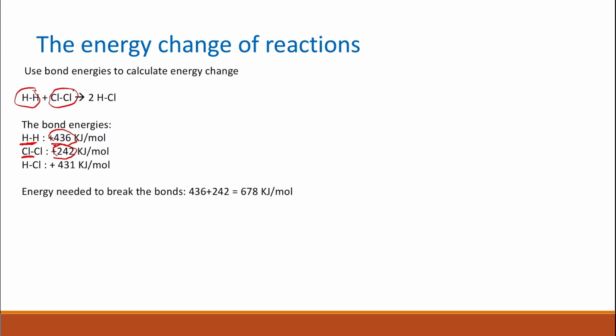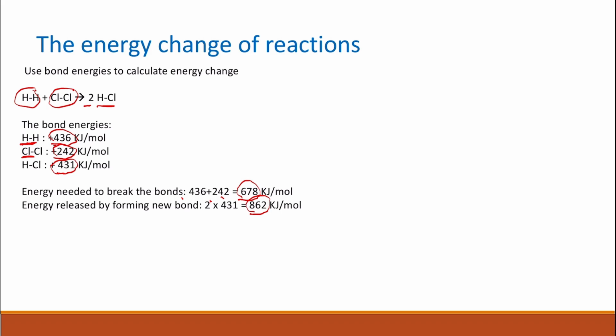So the overall energy needed to break all the bonds is 678 when we add these two values. Then we need to calculate the energy released when we made the new bonds. We made two molecules of hydrogen chloride. The bond energy for hydrogen chloride formation is 431, and we must multiply this by 2 because two bonds have been formed, and the total is 862.